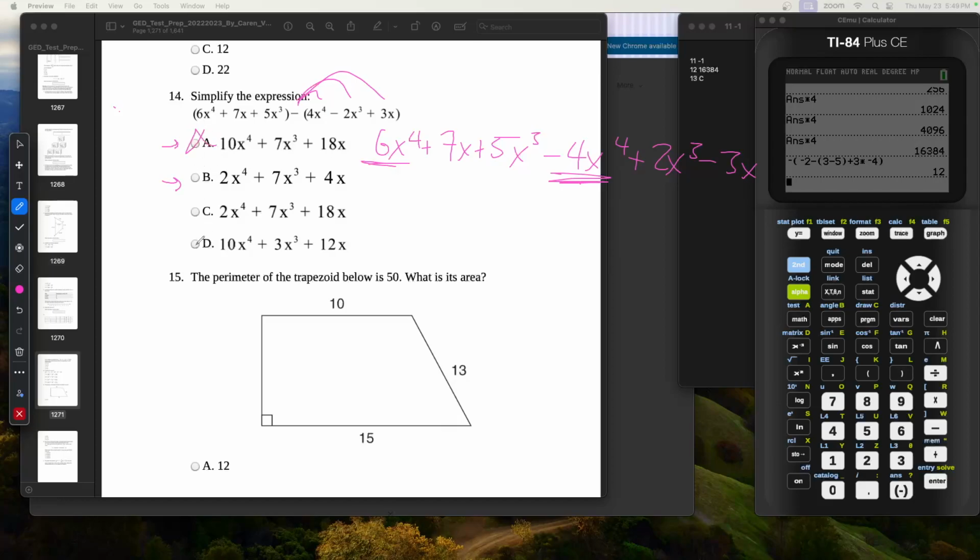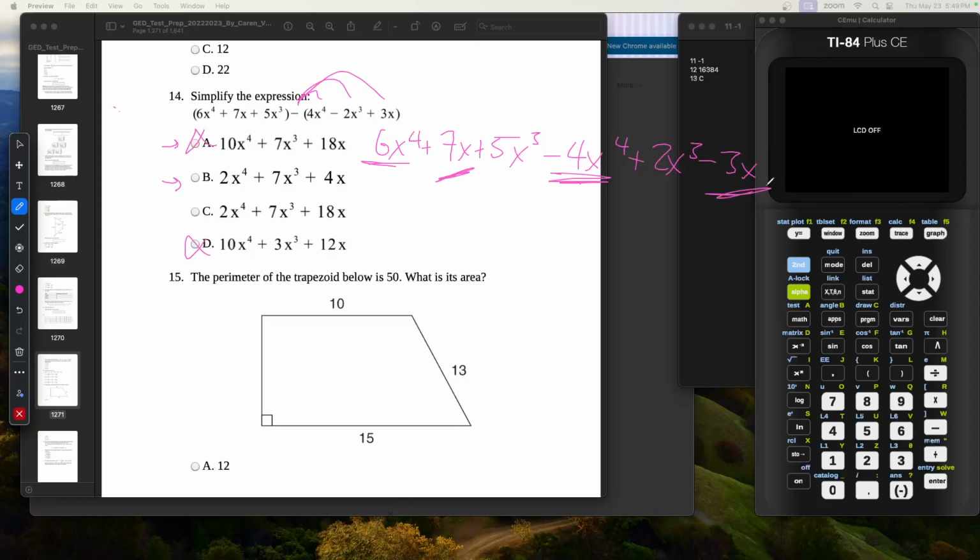Absolutely, it's 2x to the fourth. Let's do the x's next. So we have 7x minus 3x. What is 7x minus 3x? It's definitely 4x. Answer is B. And then we also have the 5x to the third plus 2x to the third, which is 7x to the third.